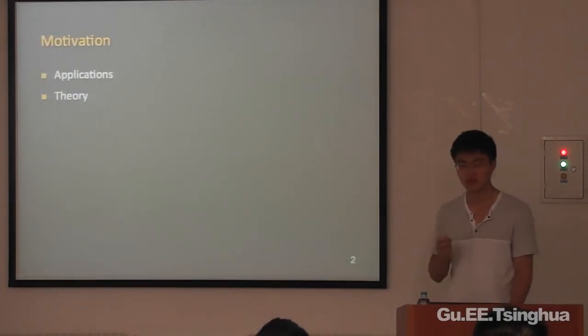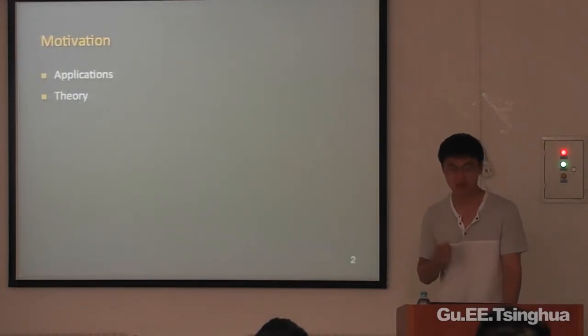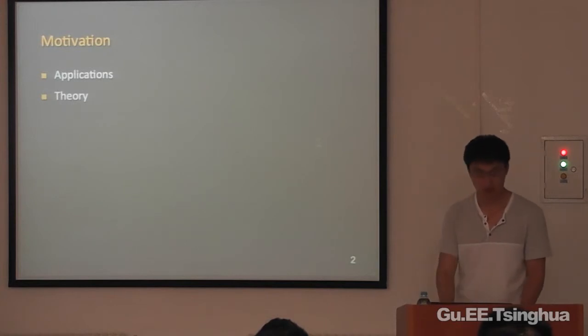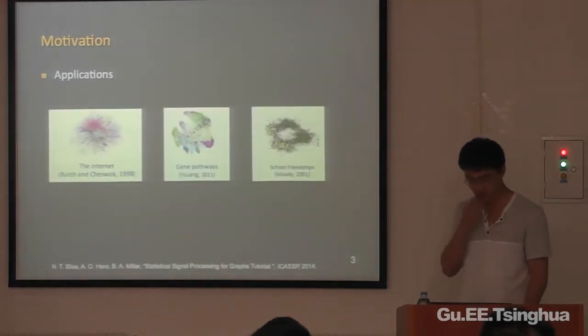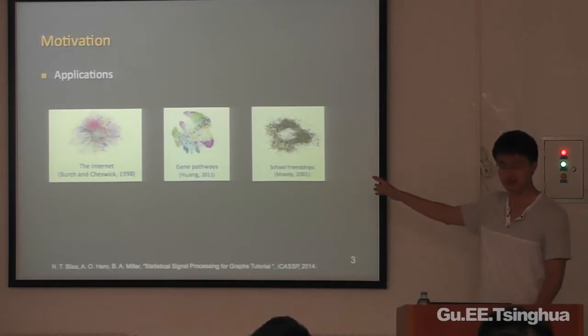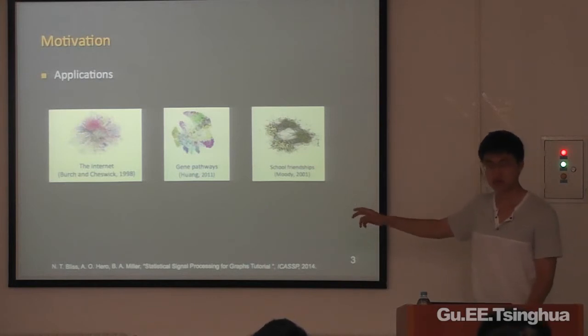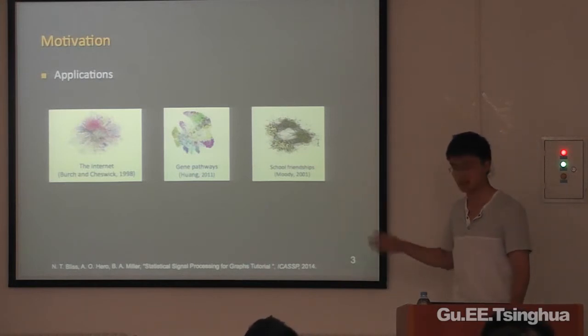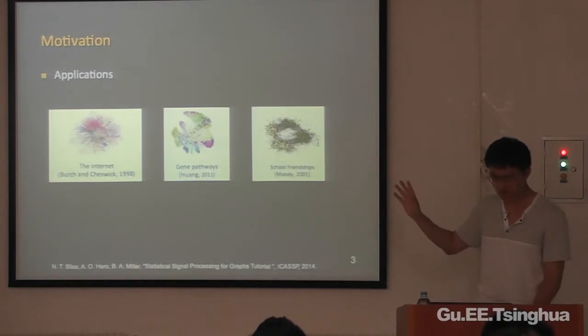I'll motivate from two perspectives. One is the application side, and the other is the theoretical side. First, application. When people talk about graphs, they usually show a few main aspects: the internet, bioinformatics, and friendships. They're all very broad topics.